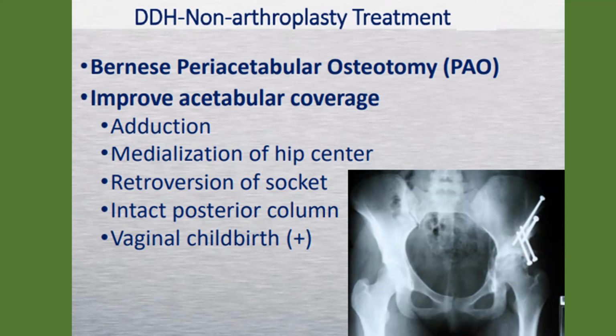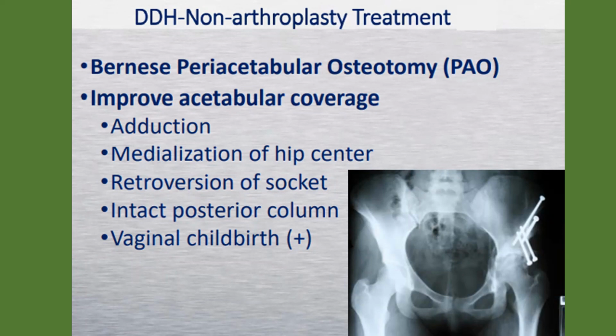Ganz, a brilliant fellow, made the Viennese periacetabular osteotomy for the purpose of improving acetabular coverage. He improved the abduction of the hip. He improved medialization of the hip center and retroversion of the socket because it is normally anteverted.